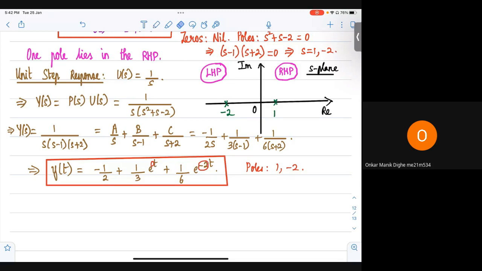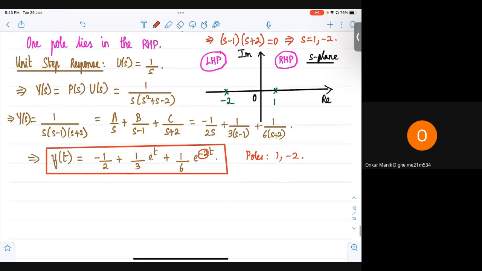Okay, so let me remove the 0. So essentially you can observe that 1 and minus 2 are the two exponents, right? So once again, the output function consists only of exponential terms, and the exponential terms have the poles as the exponents. Okay, so that observation still stands.